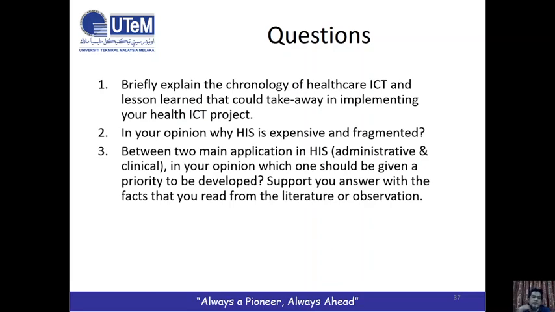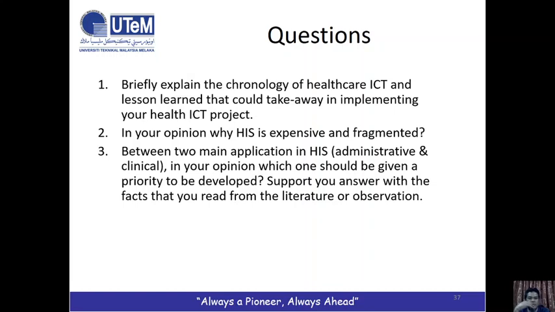So the reason is to ask you to think about the why, and what are the lessons learned that you can take away from the history and evolution of HIS from 1960 until 2020, so that you can bring the best practice for implementing a new healthcare ICT project.